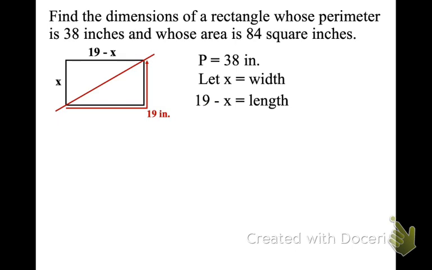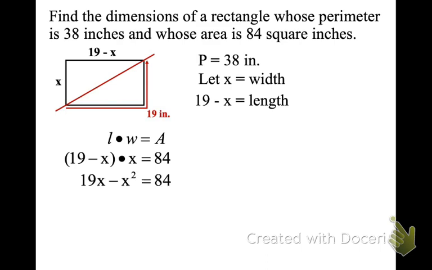So again, I'm going back to my area formula, length times width equals area, and I'm substituting in x times 19 minus x equals 84. Now I'm going to add x squared because I want to make it positive, and I'm subtracting 19x.